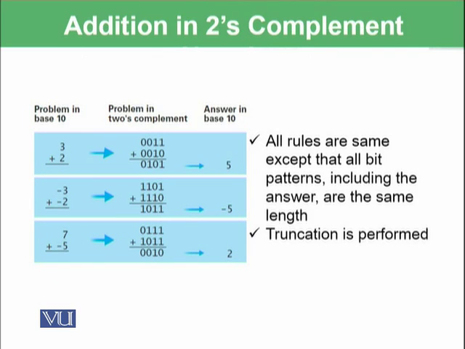Now, addition in 2's complement is the same as the binary addition we have discussed. For example, we have 3 plus 2. You can see 0011 plus 0010 gives the combination for 5. That is awesome. What about -3 and -2? This gives you -5, as you can see, with the bit pattern 1011.